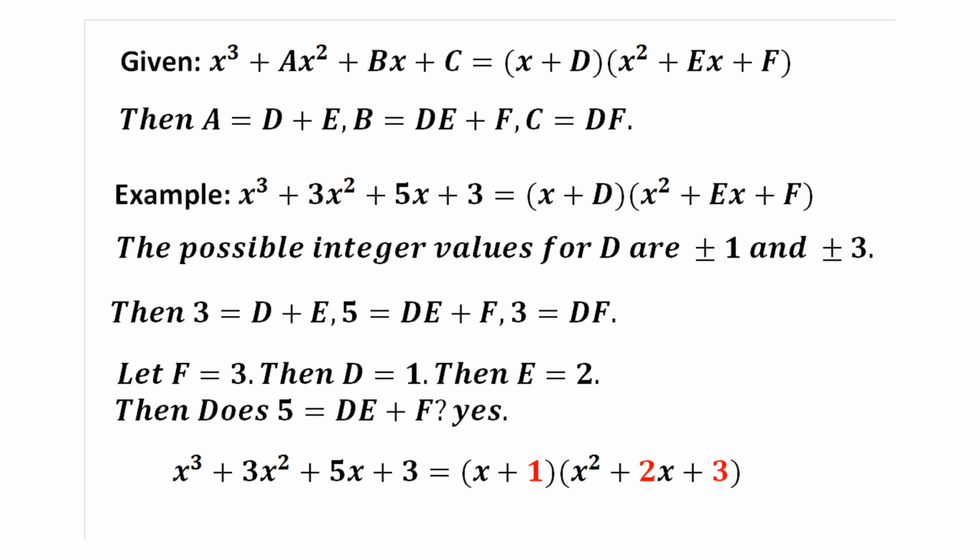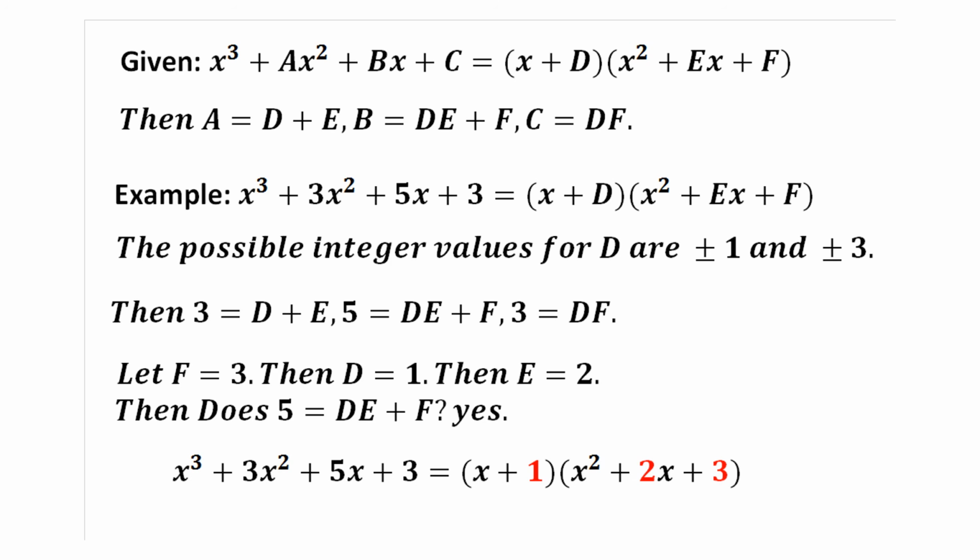And we set up simple equations. We multiply x plus d times x squared plus ex plus f. So the coefficients of x cubed on both sides is 1 is equal to 1. Then the coefficient on the right hand side of x squared is the same as a, and that's d plus e. The same for b is de plus f plus e, and c is equal to df.